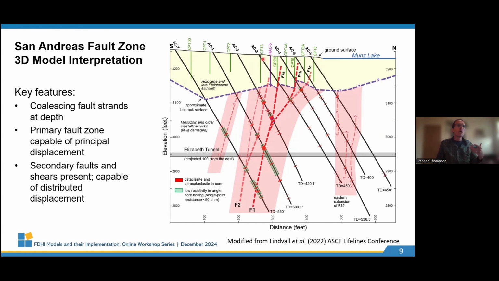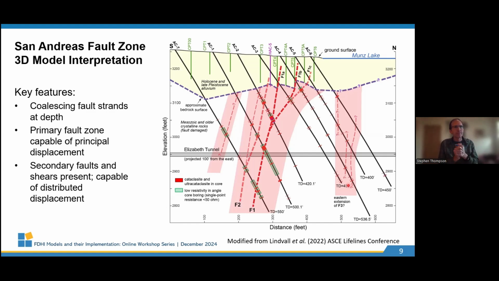And so what are multiple strands that are showing a stepping pattern at the surface likely coalesce at least to some degree down to tunnel depth, and we can interpret one area of particular well-developed primary faulting and areas of damage around it, and elsewhere along the tunnel where we interpret there to be secondary faults and shears present.